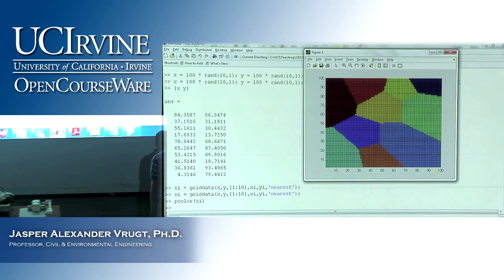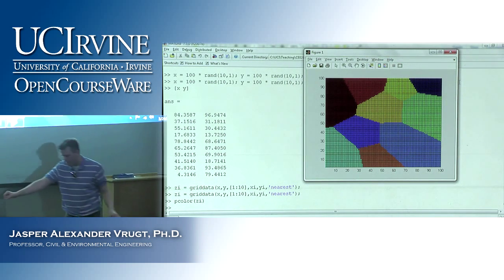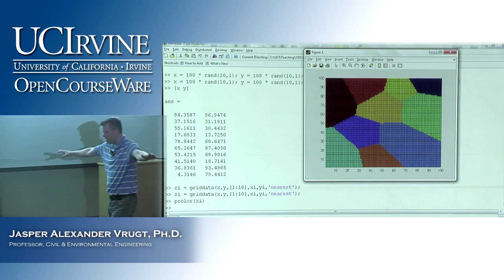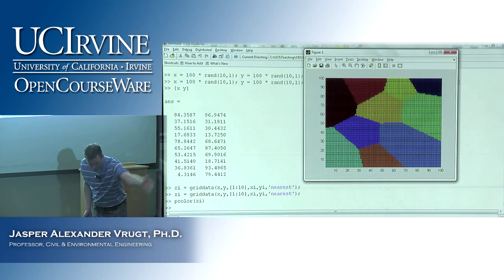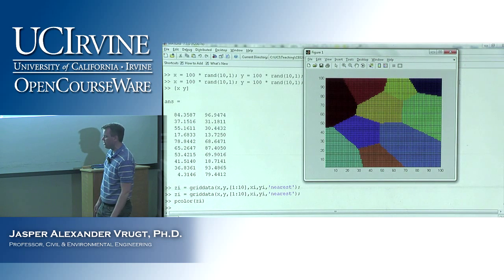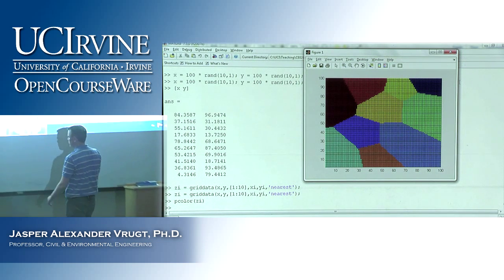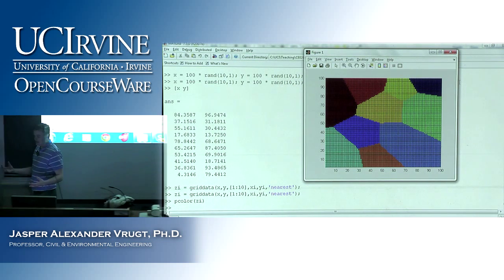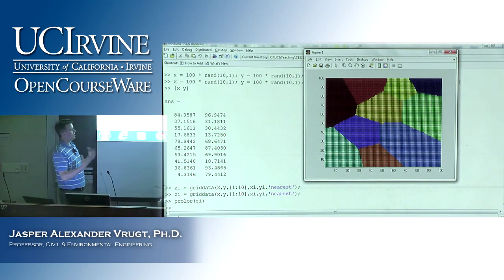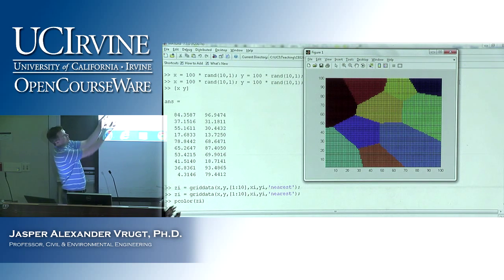So each measurement has an x and a y location. If I'm in this room, I have an x coordinate and a y coordinate. So I ask you, can you tell me what the original 10 locations were of x and y? What you see is that if you change it randomly, you get a different map.